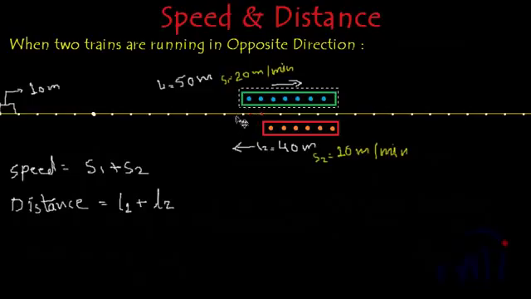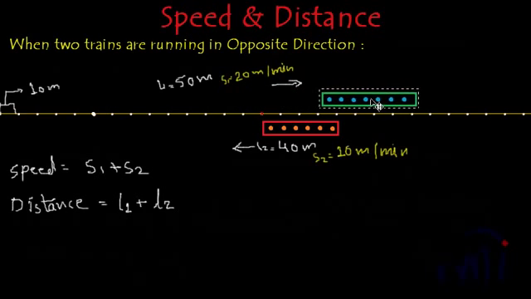And how much distance has it covered? Yes, it has covered a distance equal to the length of the red train. And now it has to take its whole length out of the red train. So it will again run towards the right, and it will cover a distance equal to its own length. Right? So what is the total distance covered by this train?